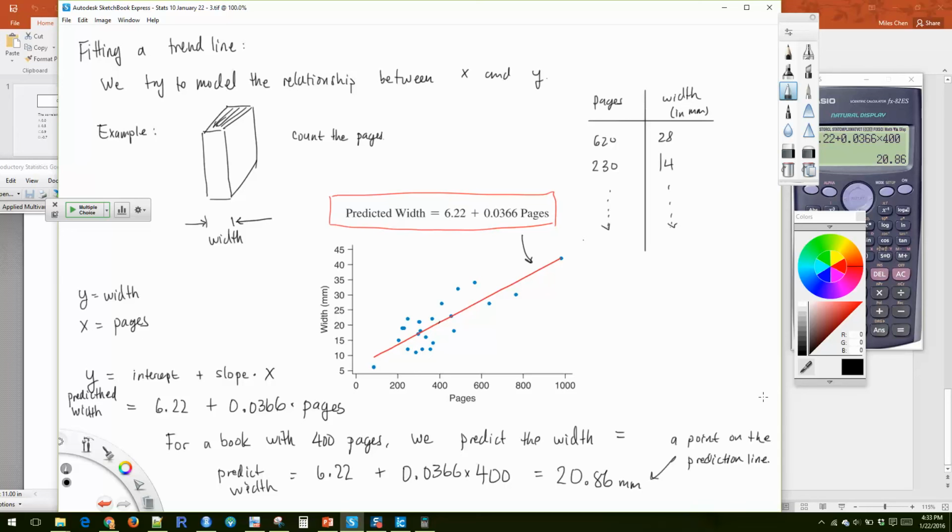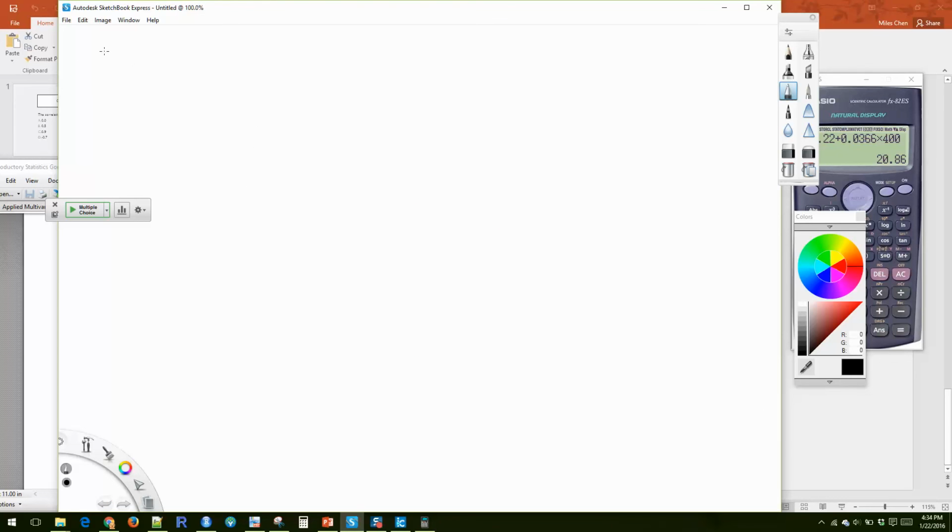May I flip to the next slide here? All right. And so again, that value of 20.86 millimeters is our prediction for a book that is 400 pages.